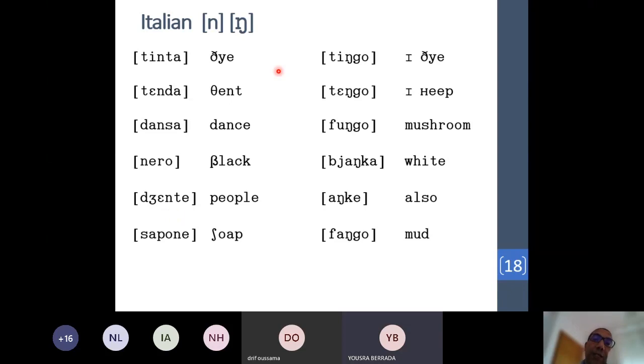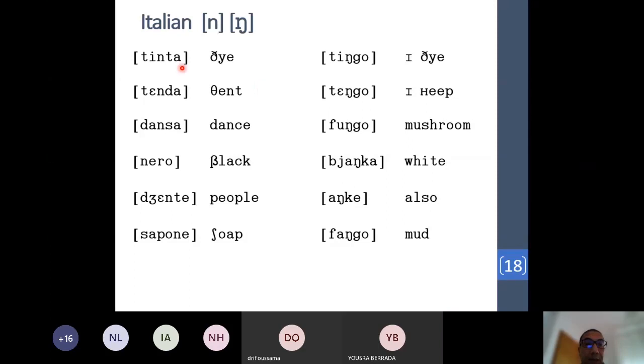Let's go now to have a look at another data set. Are these two sounds, the alveolar n and the velar n, separate phonemes or allophones of the same phoneme? Let's try to find if there are any minimal pairs.